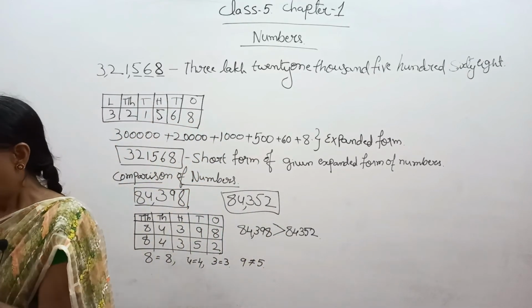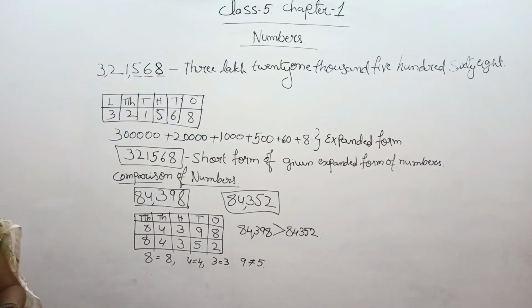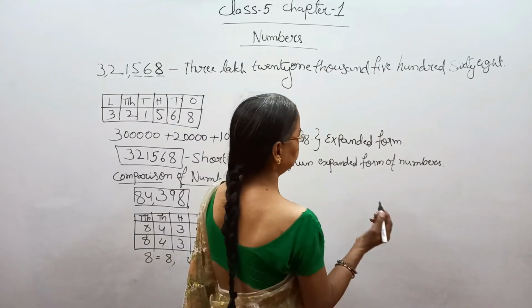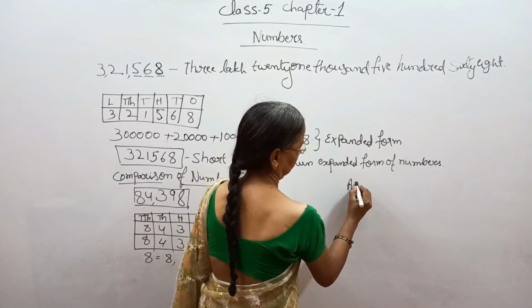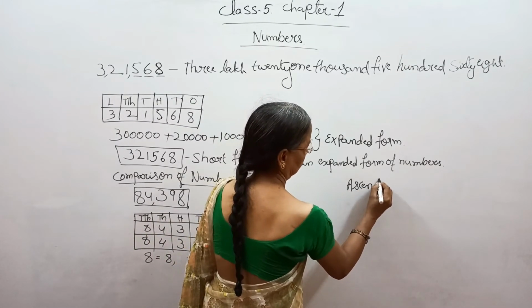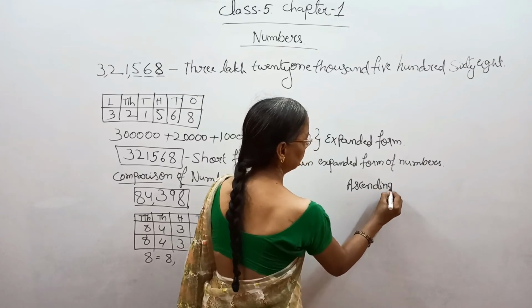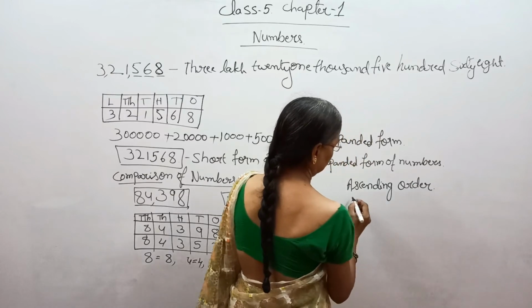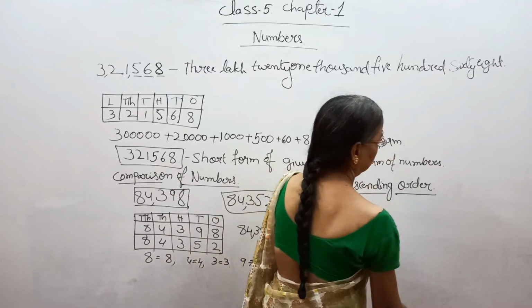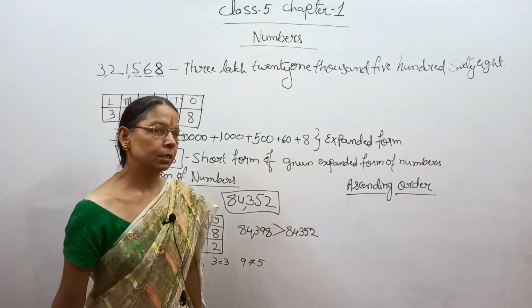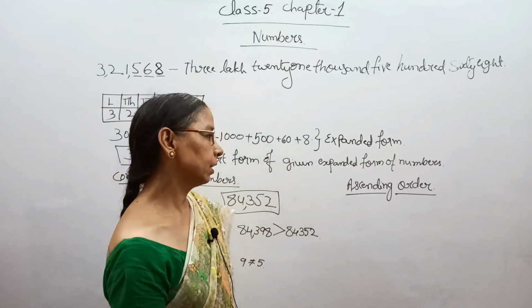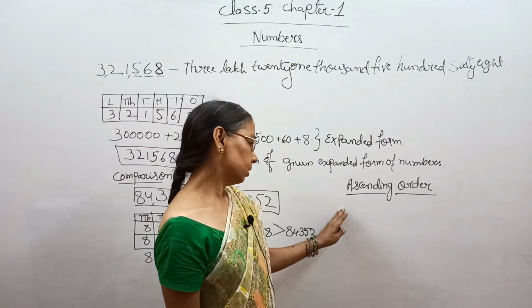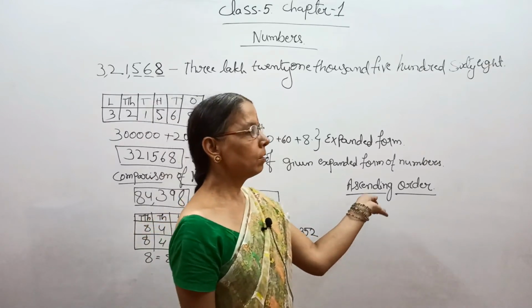Now, after this, we have to go for another topic, that is ascending order. Ascending order means we have to write the numbers from small number to big number.